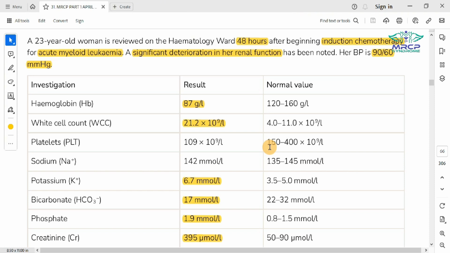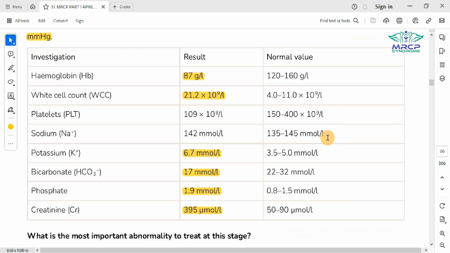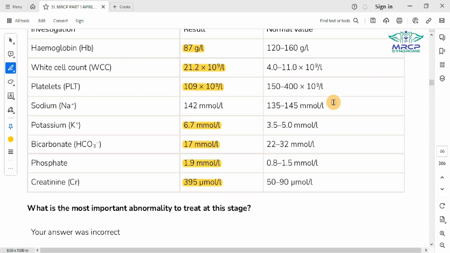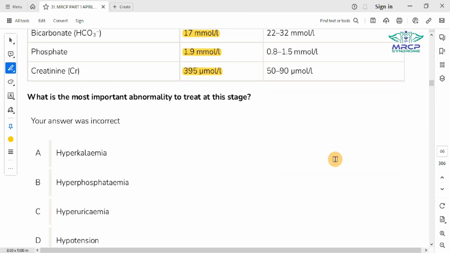WBC is very high, 21.2. Platelets are low, sodium normal, potassium is very high, 6.7. Bicarbonate is low, 17, phosphate 1.9, which is high, and the creatinine is also high, 395. So what is the most important abnormality to treat at this stage?